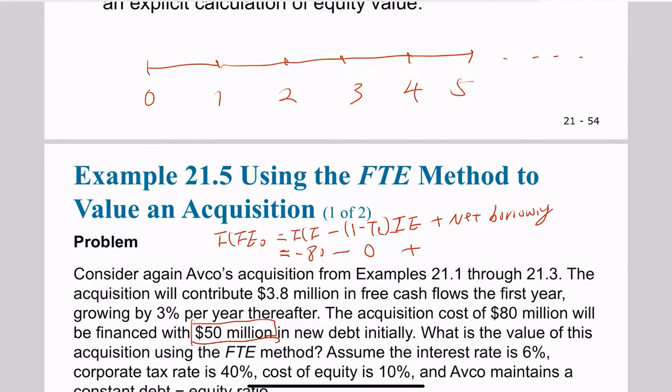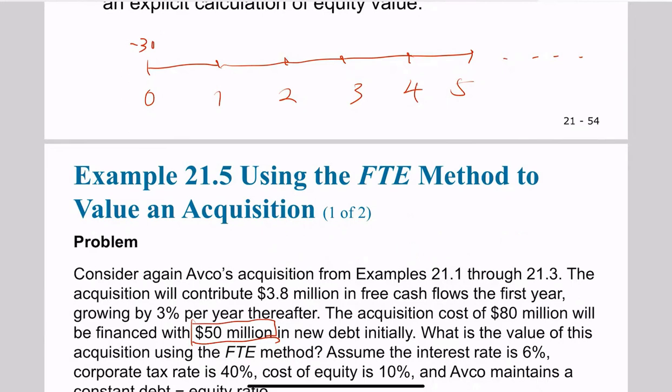So we should see the net borrowing here is $50 million. So it's minus 30, right? Okay, now we have the first cash flow, which is minus 30. Now let's think about date 1's free cash flow to equity holders.